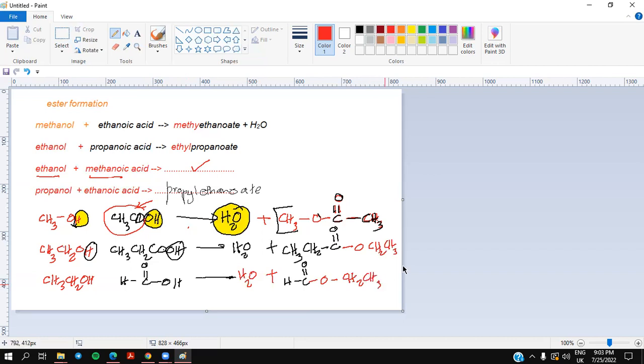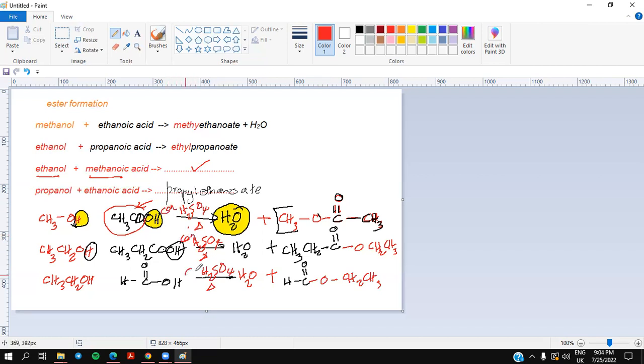This is how carboxylic acids and alcohols get together, making esters. However, for this reaction, heat is needed, and we have to have sulfuric acid also. Sulfuric acid is a catalyst. But if you write sulfuric acid just like this, you will not get marks, because for this reaction we have to have sulfuric acid in the concentrated form.